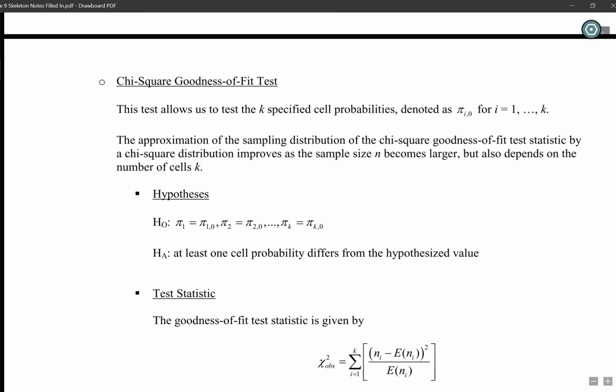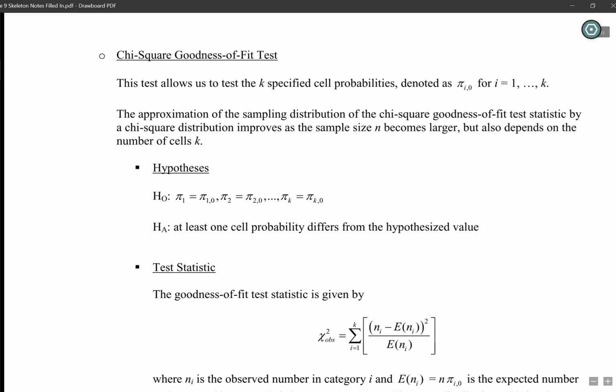In the null hypothesis, pi 1 is equal to pi 1 naught, pi 2 is equal to pi 2 naught, all the way up to pi k equal to pi k naught. The alternative is that at least one of the cell probabilities differs from the hypothesized value.